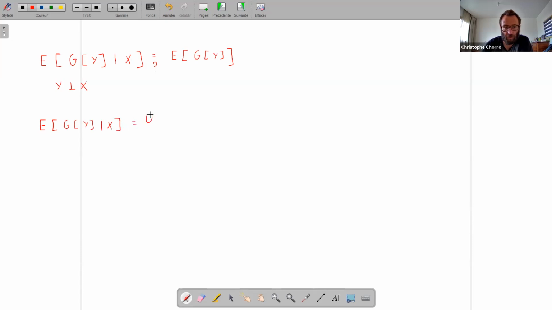It will be a function of x where psi of x is given by, since I am in the discrete case, the sum over the possible values of y of j of y, multiplied by the probability mass function of y given capital X equal to small x.